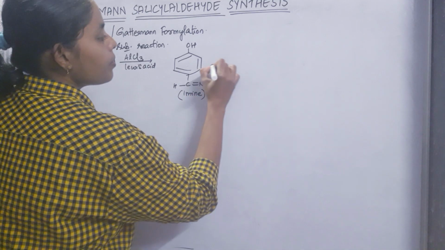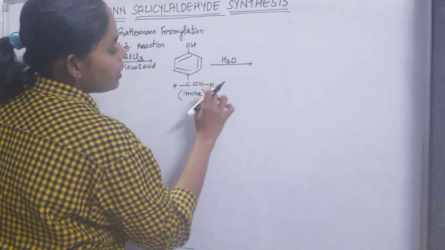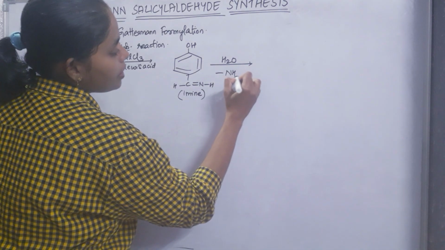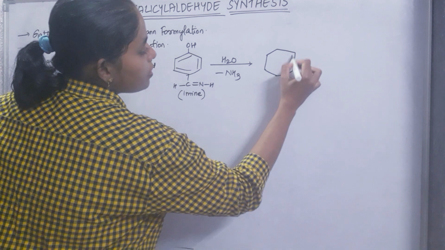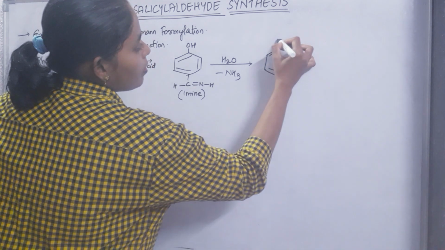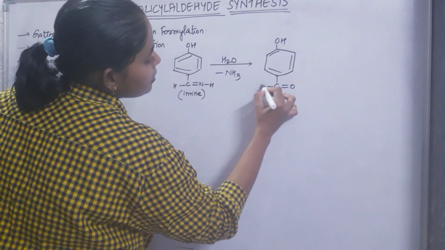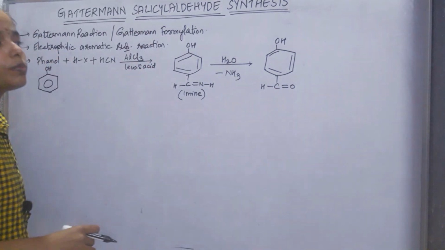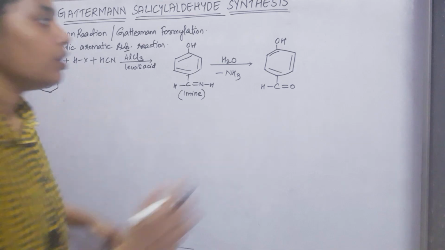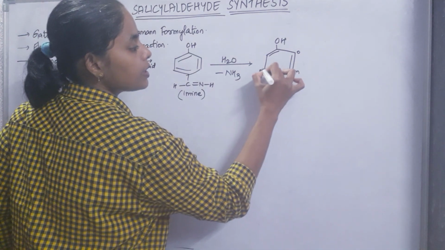Now this imine, in the presence of water, will eliminate NH3 from here and will give us para-salicylaldehyde. You can see here a CHO group, that is an aldehyde group, is substituted at the para position. So this is ortho, meta and para, meta, ortho.